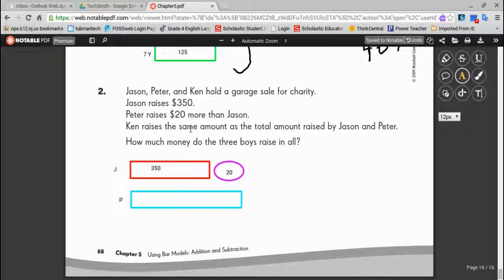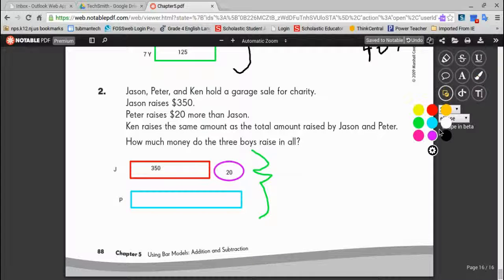Now, next sentence says, Ken raises the same amount as the total amount raised by Jason and Peter. So Ken raises the total amount raised by Jason and Peter. So we have to combine Jason and Peter to get Ken. When we combine it together, I'm going to draw a nice little caret sign.